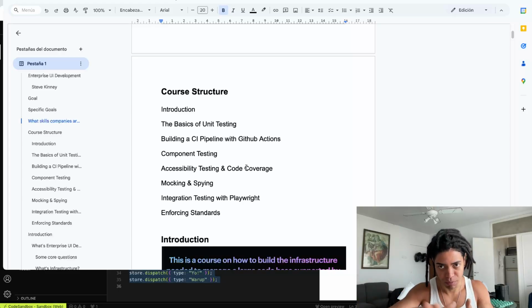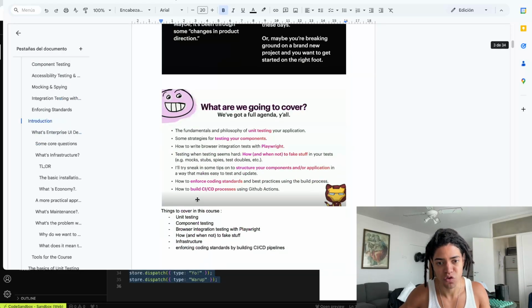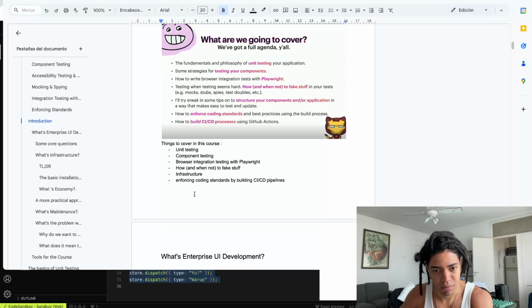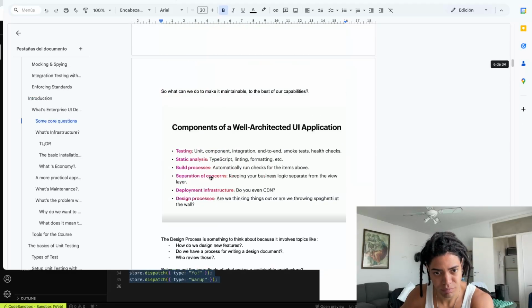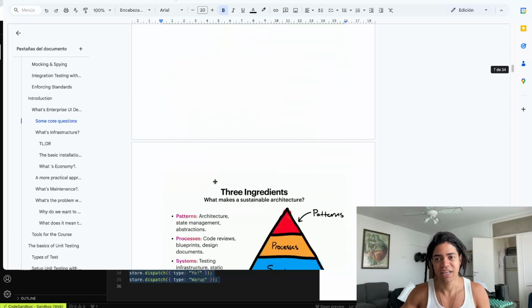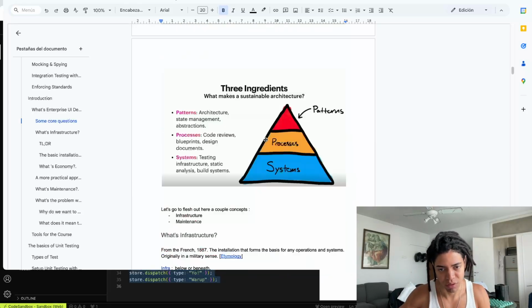Where are you going to deploy this? Are you going to use a CDN or not? As well as, what are the design principles? How are we going to integrate our code? What is the design process for that, as well as the conventions that we're going to use?